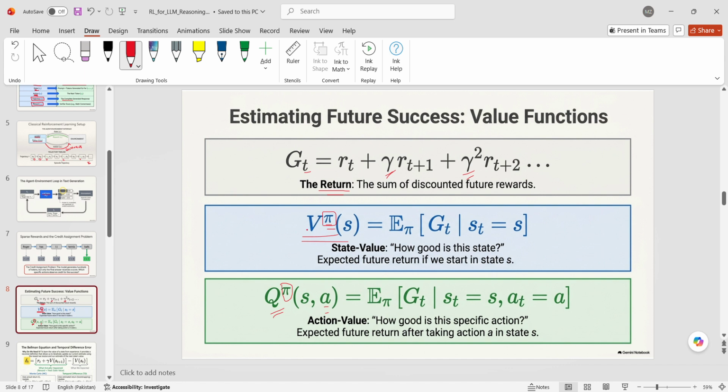This value function always corresponds to a certain policy. The same goes for this Q value, the action value function, which takes the state and the action and gives you the value that represents how good this action was. It is always in correspondence to a policy.